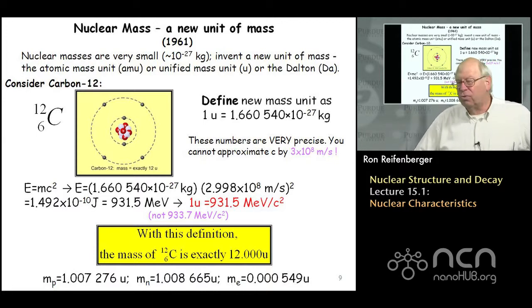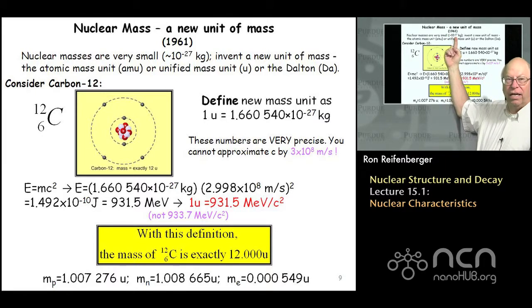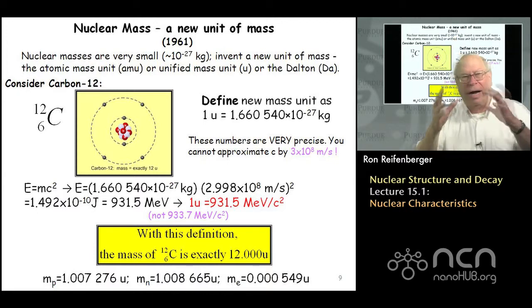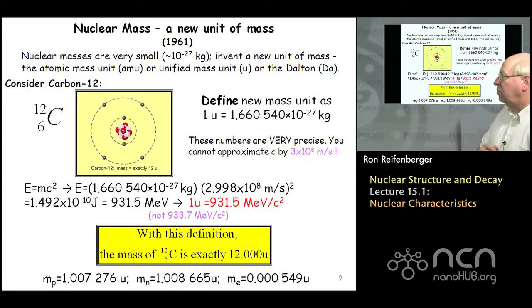The reason this was done was because the nuclear masses tend to be very small. They tend to be on the order of 10 to the minus 27 kilograms. And so rather than carry around that unit of 10 to the minus 27 kilograms, it's useful to define a unified mass unit, which is given the symbol small u.